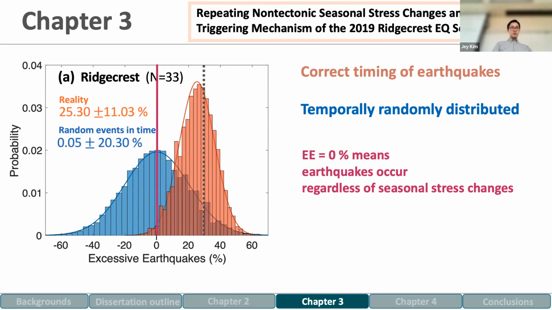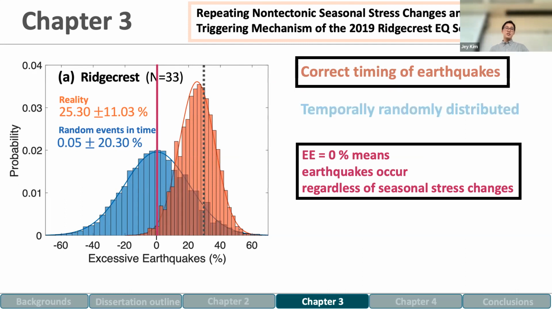Here, an excess number of earthquakes of 0% means earthquakes occur regardless of seasonal stress changes. And if you compare this 0% with the orange distribution, then the p-value is about 0.01, which means with 99% confidence you can reject this null hypothesis that earthquakes occur regardless of seasonal stress changes.